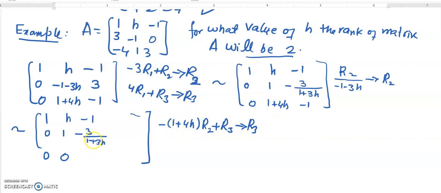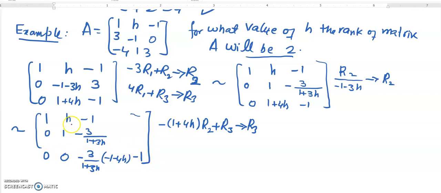So now what is the value over here? This will be minus 3 over 1 plus 3H times minus 1 minus 4H, right? That means this is multiplied by this, and then added to this minus 1.